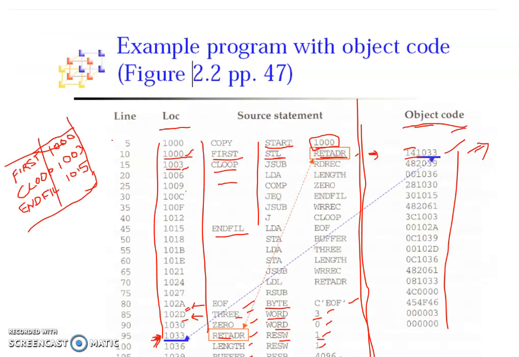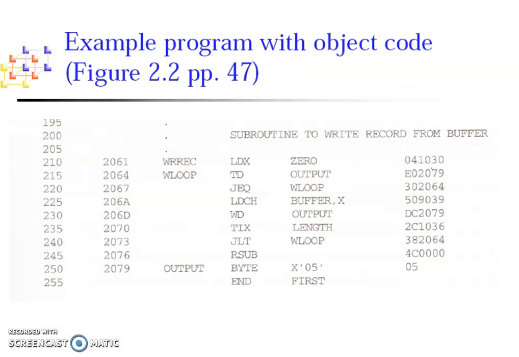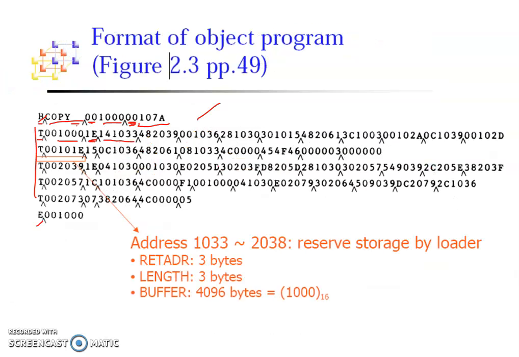The first instruction's object code is 141033, written here. The second object code is 482039, written here. Similarly, each instruction's object code is written until the size reaches 1E. If it exceeds that size, we need to create the next text record. So each text record will be of size 1E.